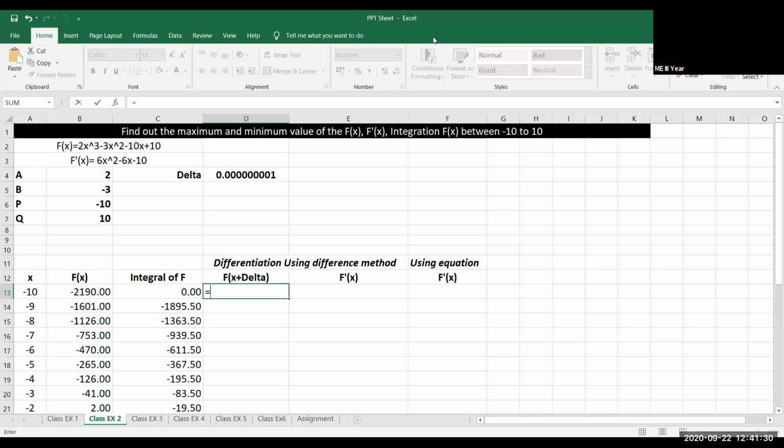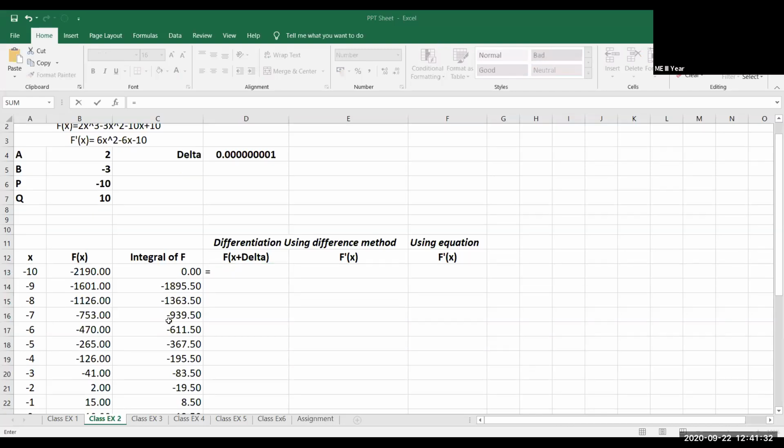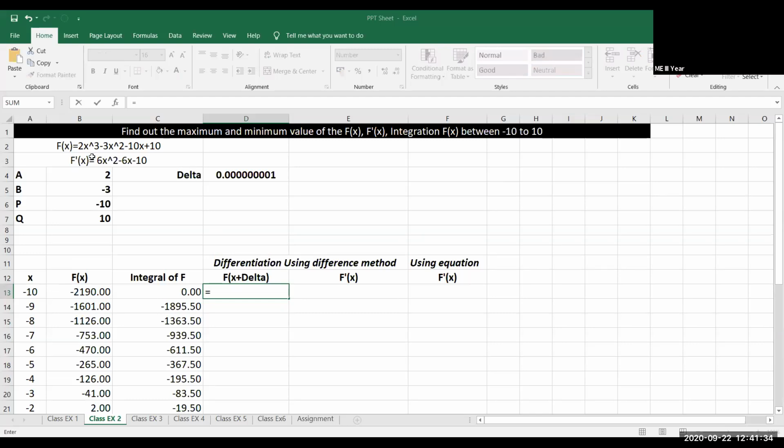Okay, once again I'm repeating. Here the given function is this one. Our basic target is to find the integration of this function using the trapezoidal method. For that, the limit of this function is given as minus 10 to 10, meaning minus 10 will be the lower limit and the upper limit will be 10 for this entire function.